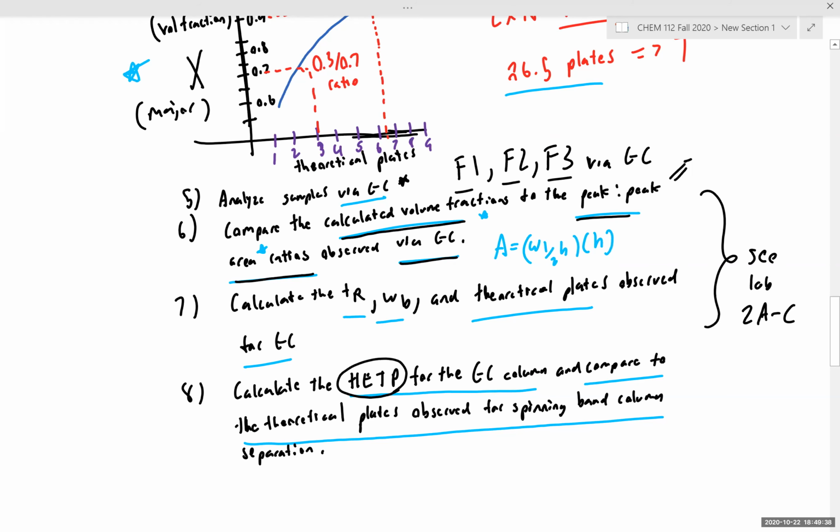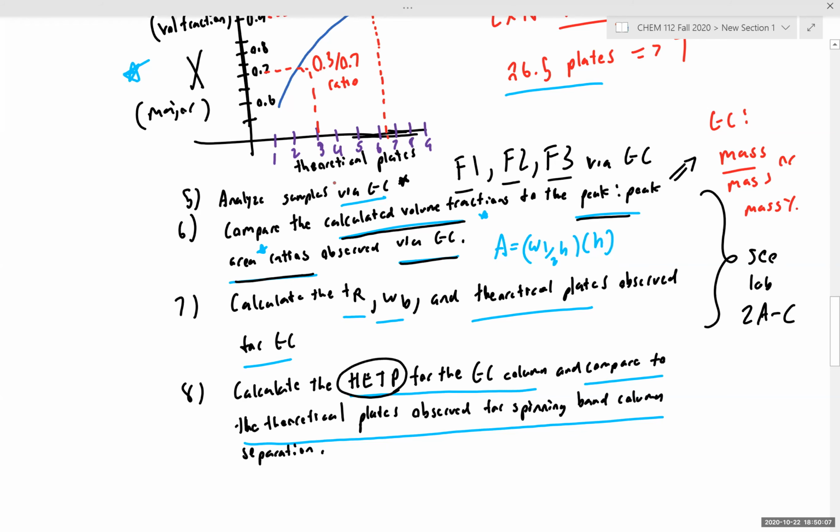Now, what I really want to emphasize is that these peak-to-peak ratios determined via GC provide us an estimate for the mass-to-mass ratio or the mass percentage. So if you want to perform an accurate and more direct comparison, you need to convert the mass percentage obtained via GC into the volume percentage.